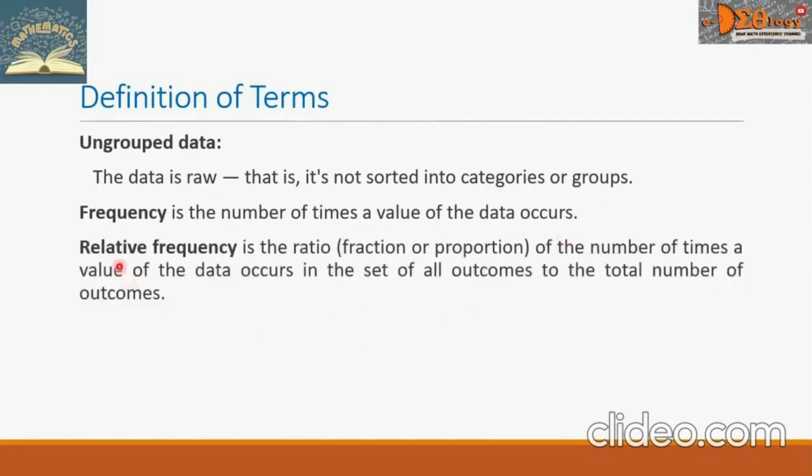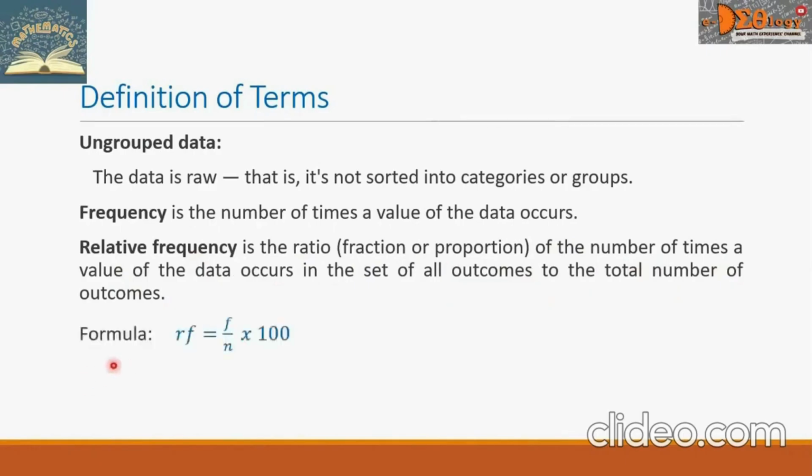The next term is the relative frequency. It is the ratio, fraction or proportion of the number of times a value of the data occurs in the set of all outcomes to the total number of outcomes.